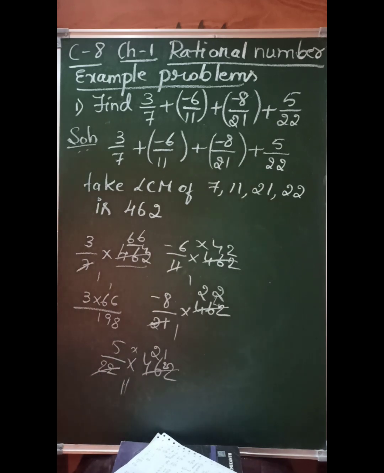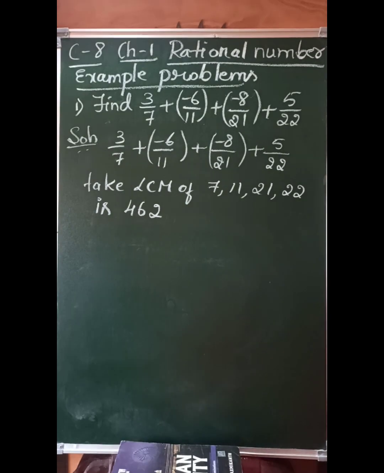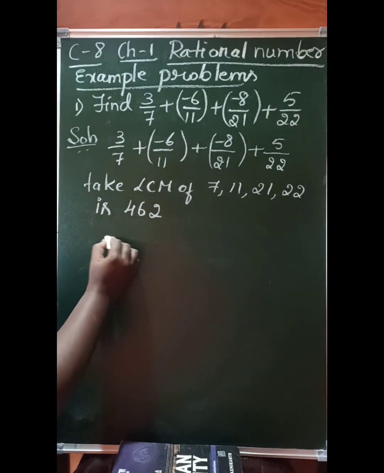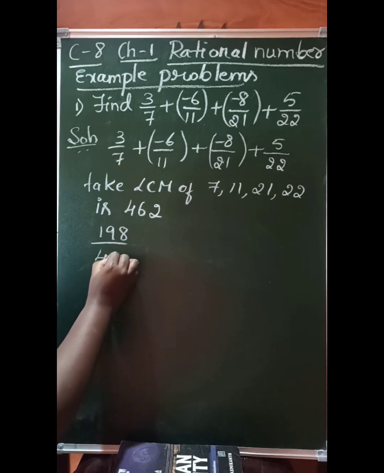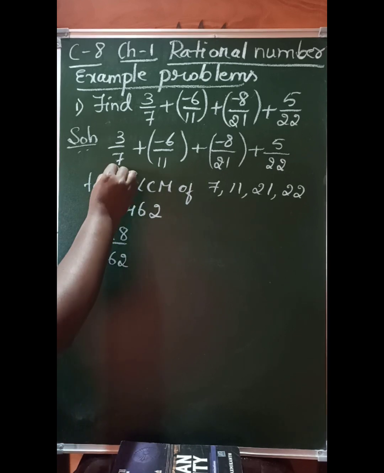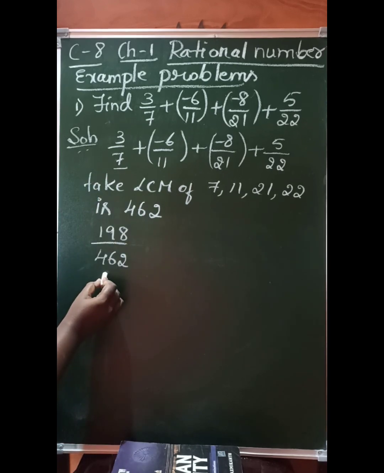Let's see how to write these numbers. The first number you get is 198 divided by the LCM, 462. For 3 by 7 you write 198 by 462, as I told you, by considering 3 by 7 into 462.